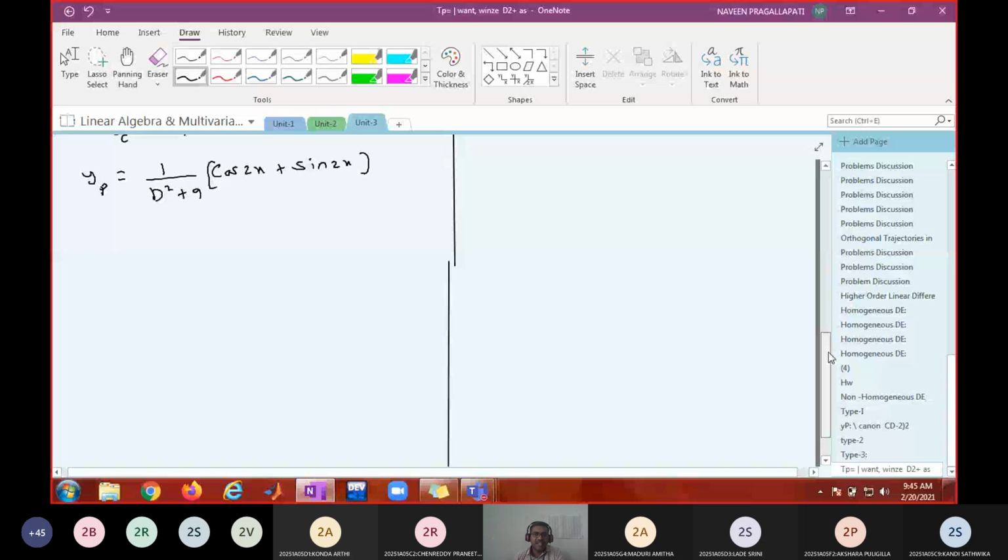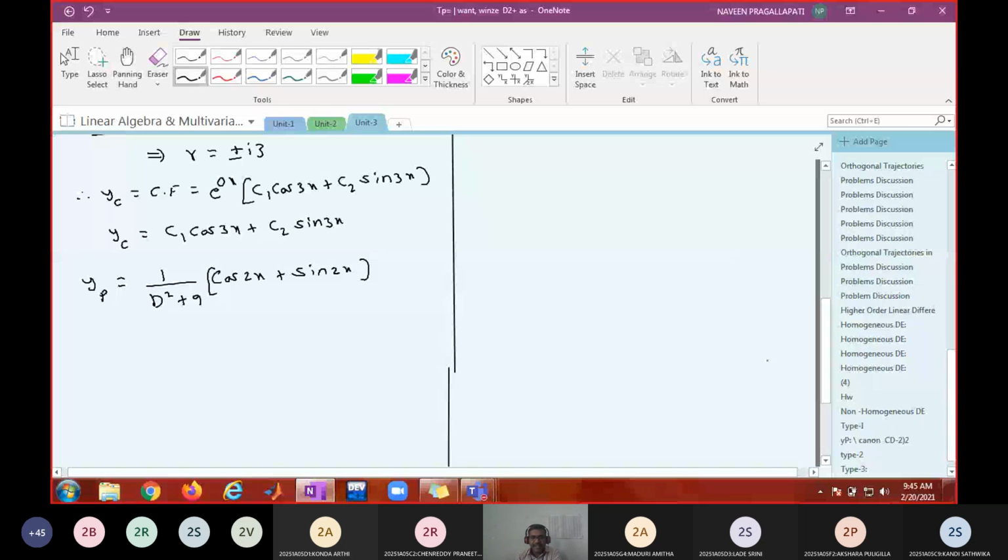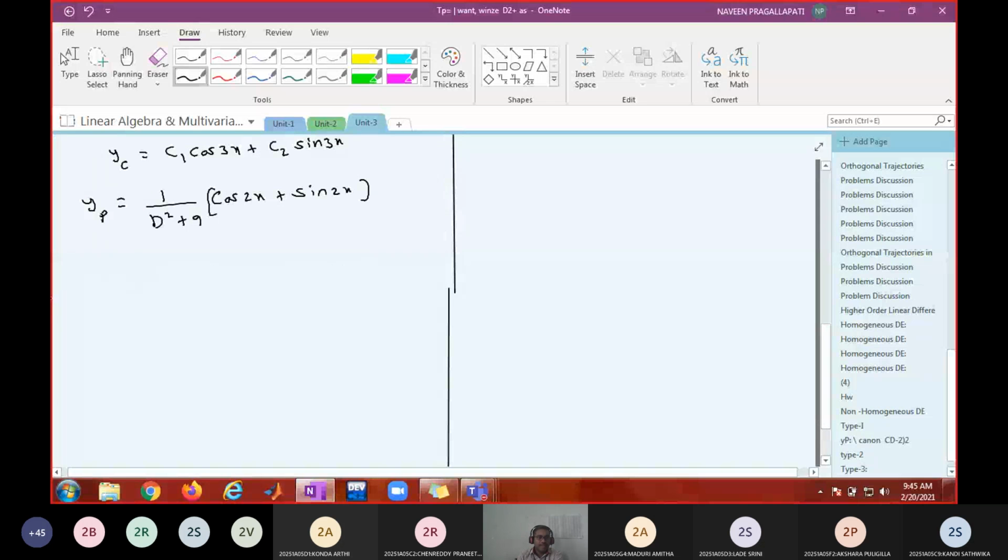Why? Because it is a linear operator, so we can do that because of linearity. Therefore, it is going to be 1 by D square plus 9 of cos 2x plus 1 by D square plus 9 of sin 2x.